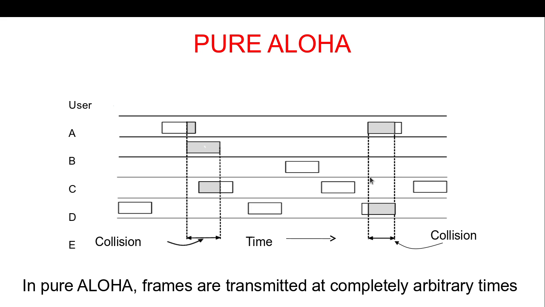Similarly, A's second frame also collides with D's frame in this way. Just after D has started its frame transmission, after a short time, A starts its own frame transmission, and the major part of A's frame collides with D's frame.